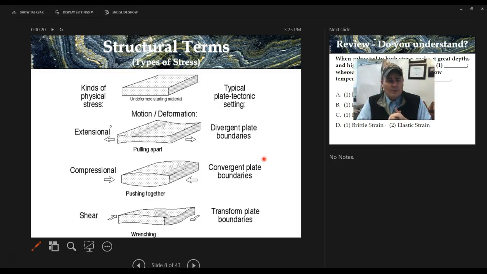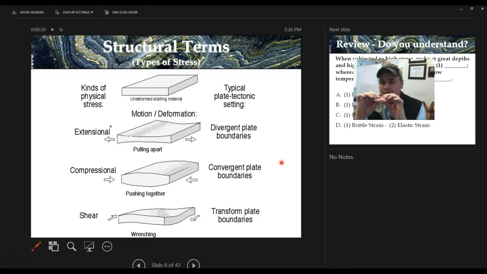Okay, so these structural terms, or terms of stress, also relate back to plate tectonics. For example, if I have this block, let's say this was a block of crust, and I start to cause what we call tensional stress or strain by pulling it apart, like in a divergent plate boundary.